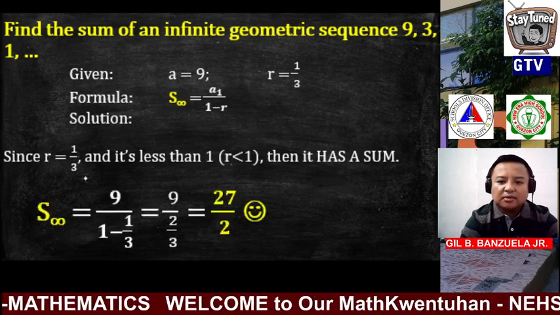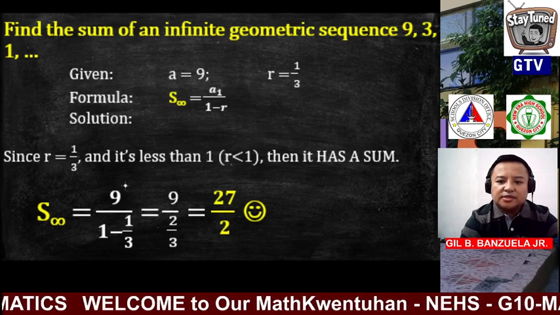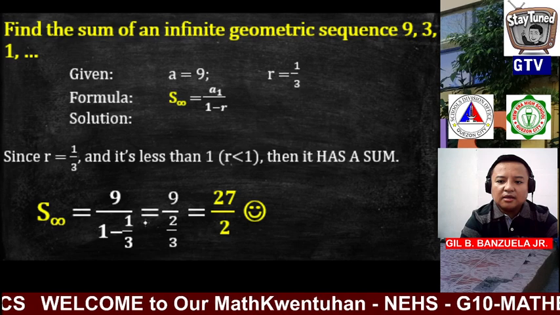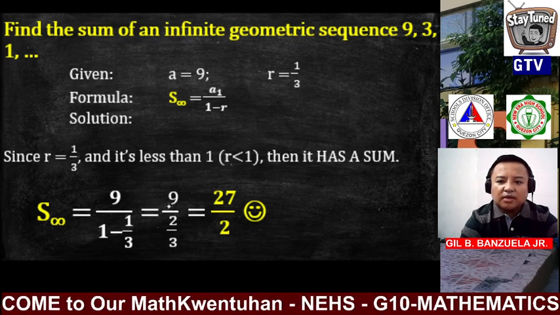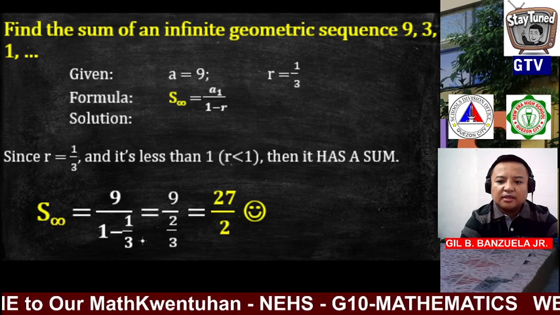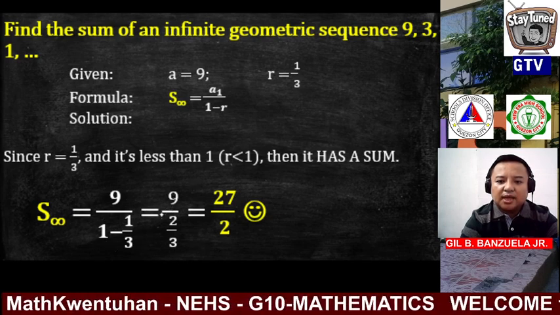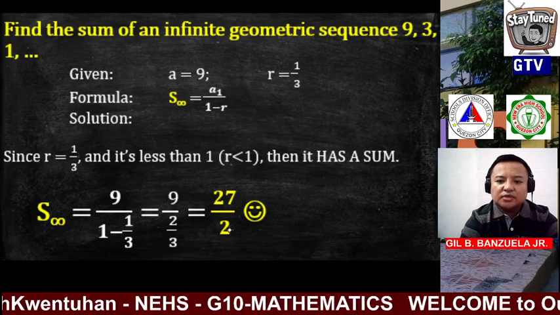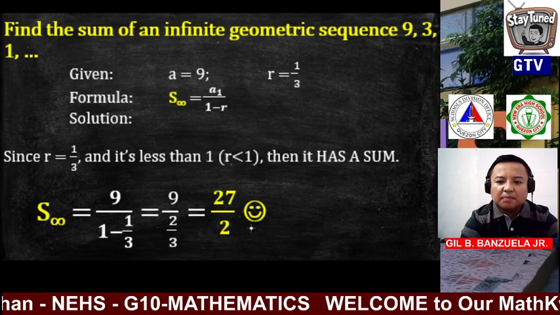So we arrive at the sum of infinity equals the first term, 9, divided by 1 minus your common ratio, which is 1/3. So 1 minus 1/3, simplifying that, we arrive at 2/3. Then simplifying 9 all over 2/3, 9 times 3 is equal to 27, then just copy the 2.